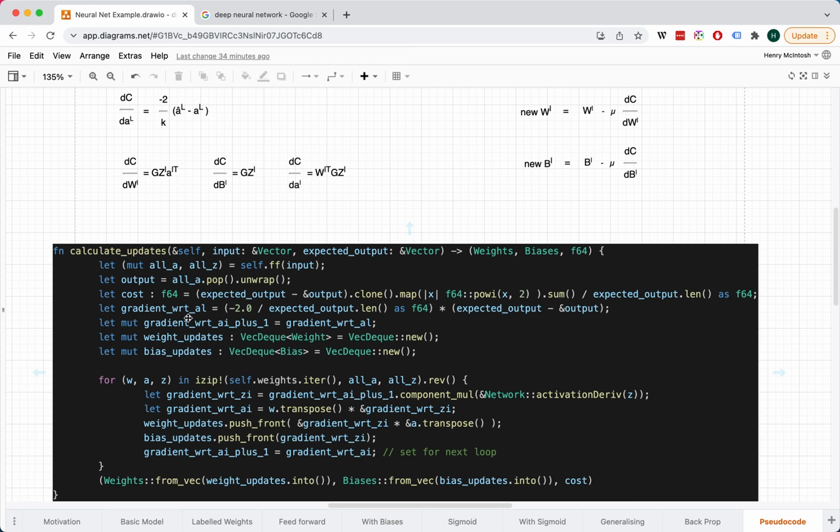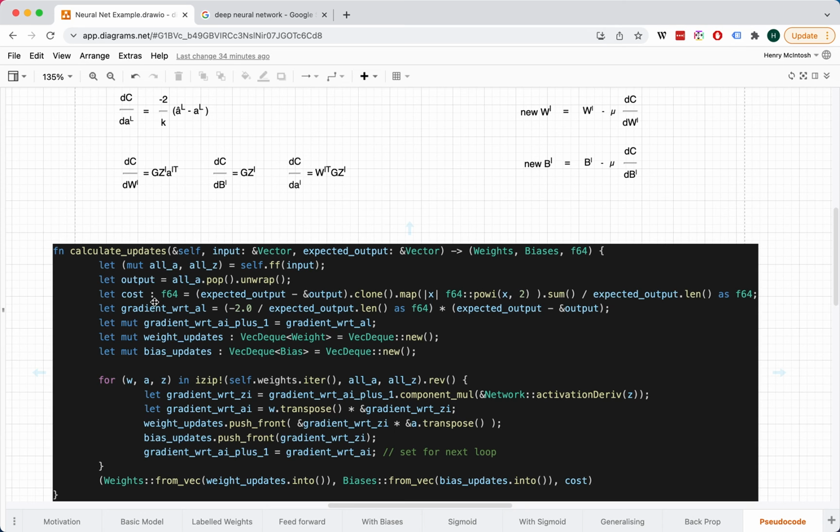Then we can take our gradient with respect to a of L. I had to change this slightly because Rust doesn't like capital letters in variable names, so I've had to use AL to denote a capital L, and I've used i here to represent which layer that we're in.